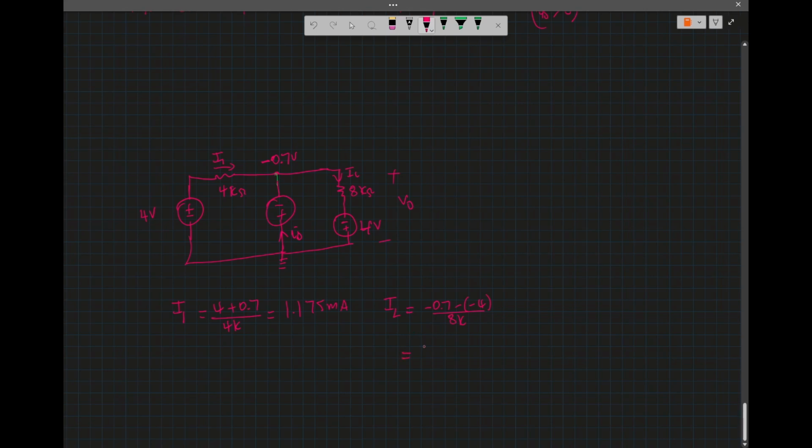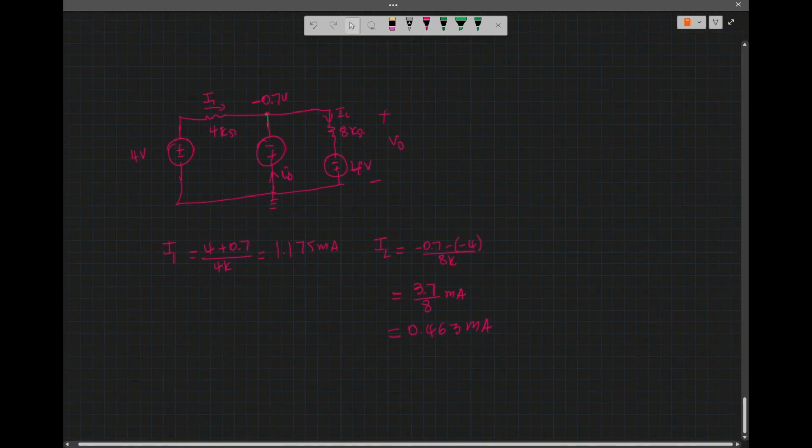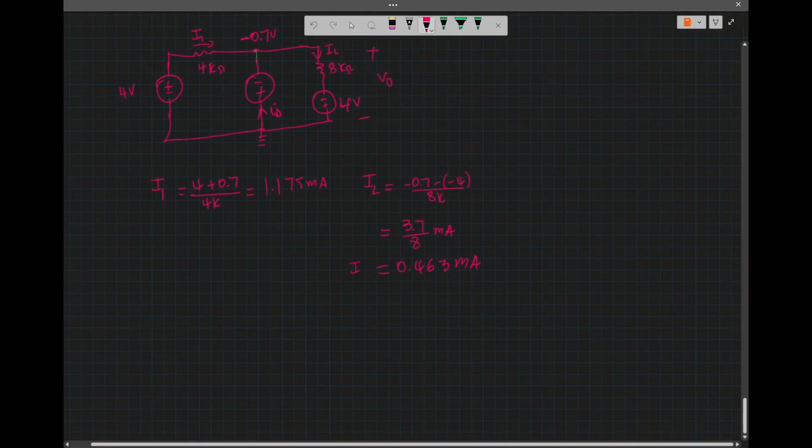So that gives me 3.7 divided by 8 milliamp. So 3.7 divided by 8, that's 0.4625 milliamp. So that is the load current.